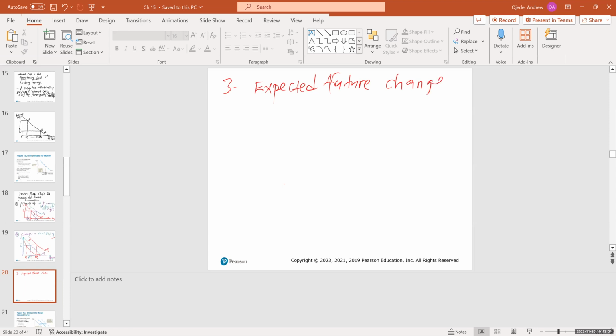That's a different thing. Expected future change in inflation or price changes.